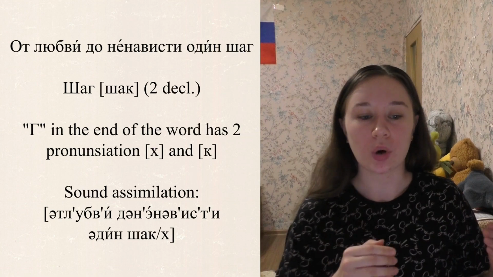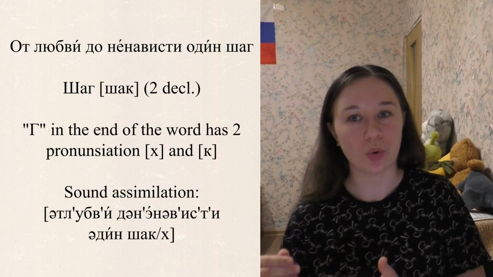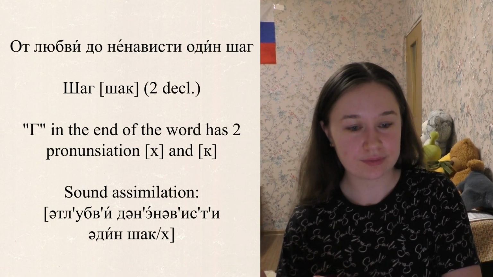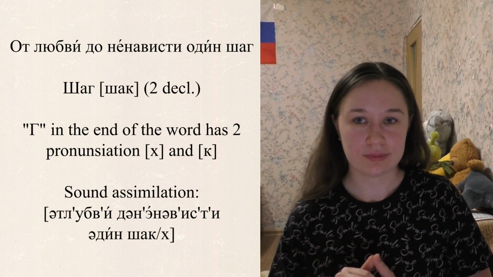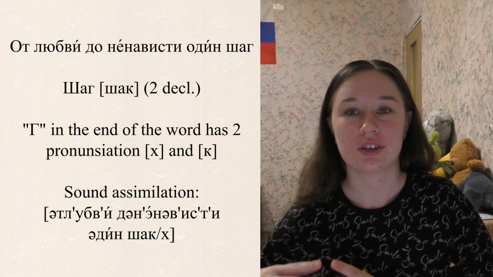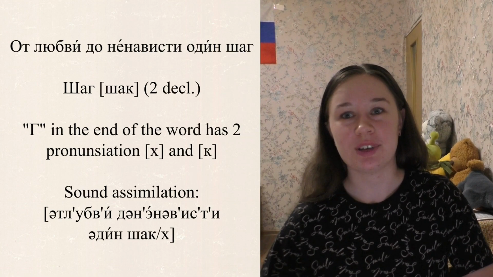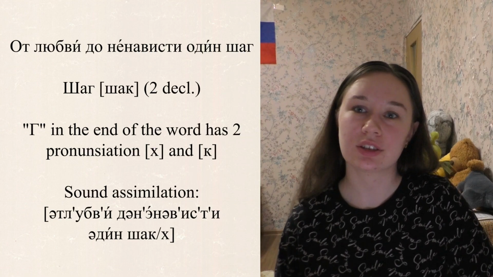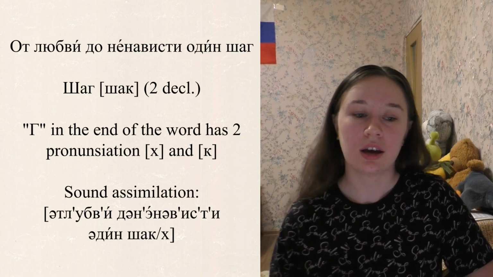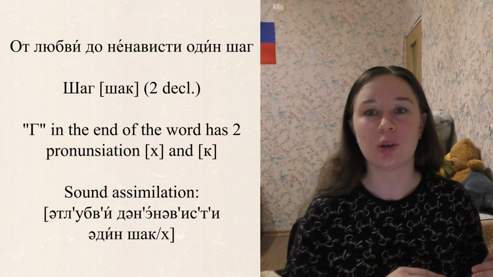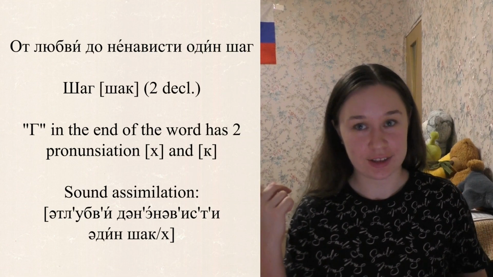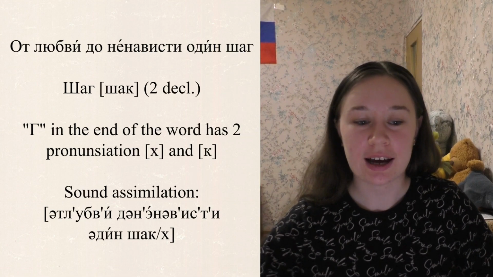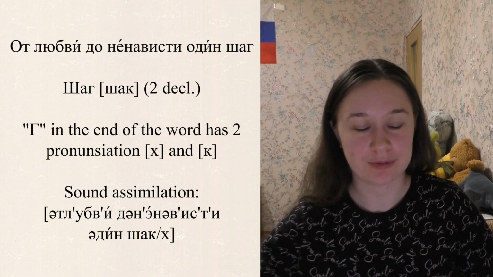So, от любви до ненависти один шаг. Шаг means step, and it's second declension, masculine gender. One more time: От любви до ненависти один шаг. From love to hate, one step.